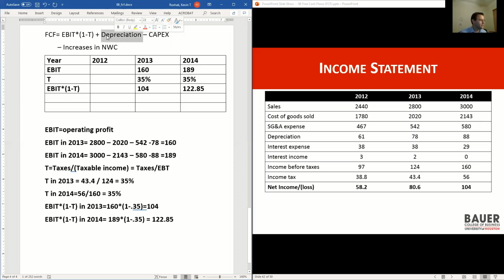Okay, so next line in the equation is depreciation. Well, this is nice and easy because it's given straight on the income statement. We just look in 2013 and we see depreciation here of 78, and we see depreciation here of 88 for 2014. So you don't have to do any calculation. It's just right there.